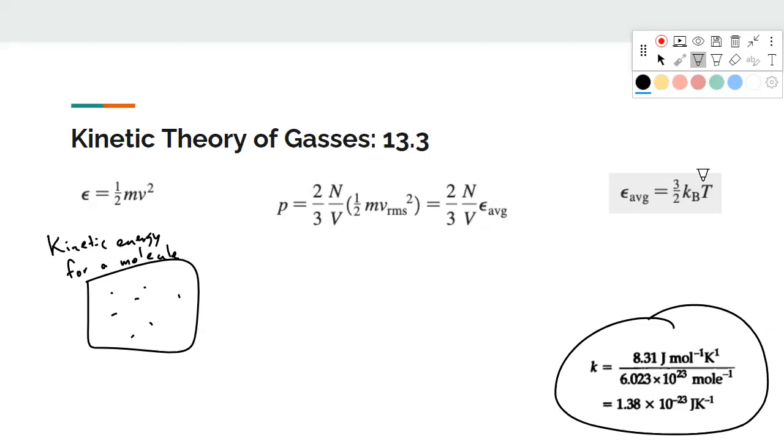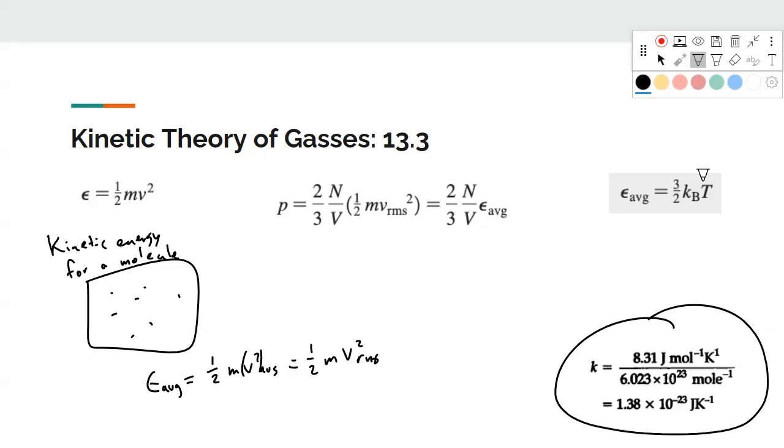But what I want you to notice is that if we want to find the average energy, since some are going fast, some are going slow, we can take the average energy, and this will be 1/2 mv squared average. And look at that, we have an average of a v squared. That's something to do with the RMS, right? So that's 1/2 m v RMS squared. That's the average energy for one of these gas molecules.